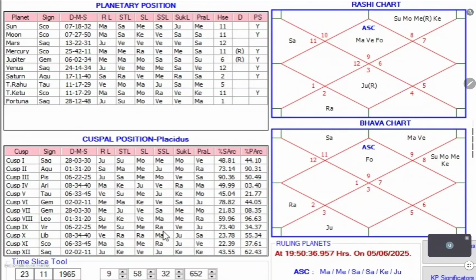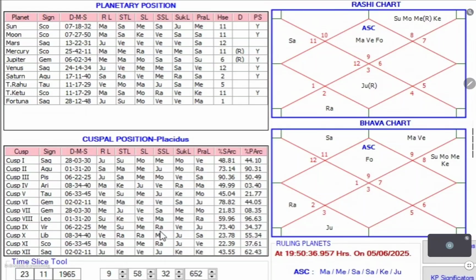And sometimes, though it happens very rarely, if it is not appearing in the fourth cusp and not in the ninth cusp, then we will focus upon the star of Saturn. And the star of Saturn is Rahu, which is appearing in the ninth cusp, appearing as sub-sublord of the ninth cusp, clearly indicates that it is something related to the father of the native.